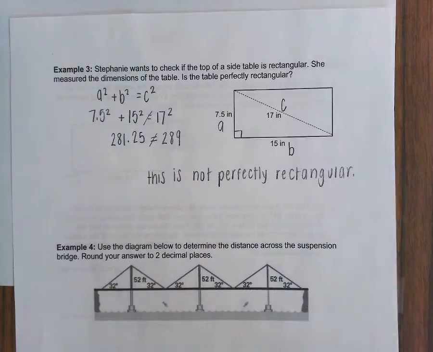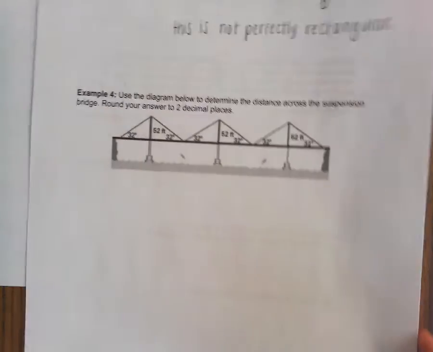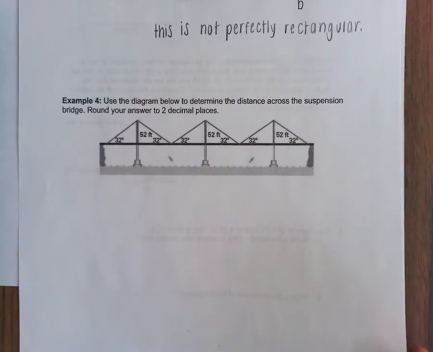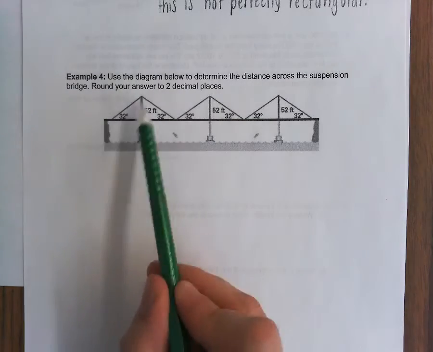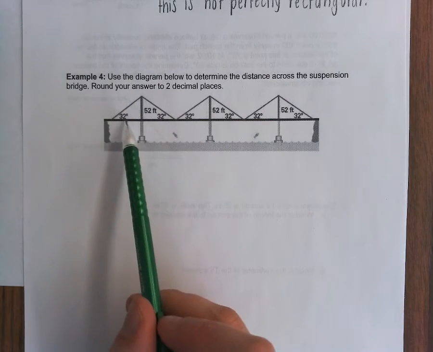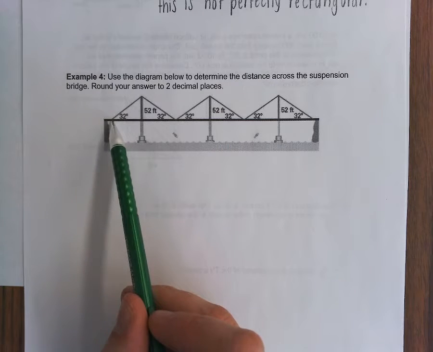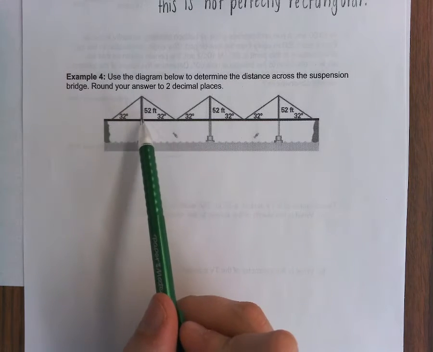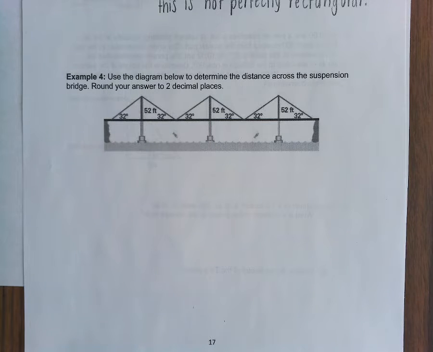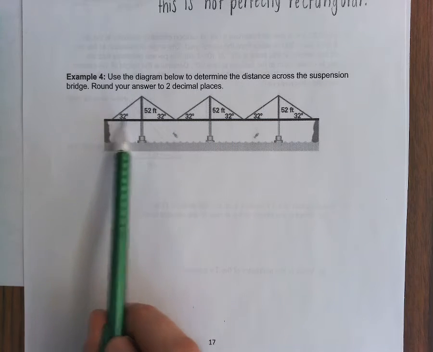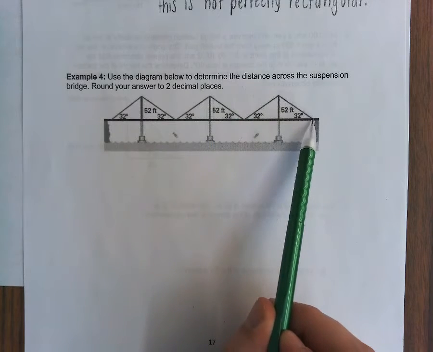And finally, in example 4, it asks us to use the diagram below to determine the distance across this suspension bridge. If you look here, this suspension bridge has a series of support wires or cables that are all forming a 32-degree angle with the bridge, and these towers in the middle are 52 feet tall. So it's asking us to find the total distance across this bridge.